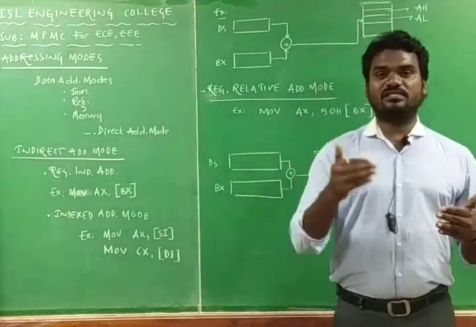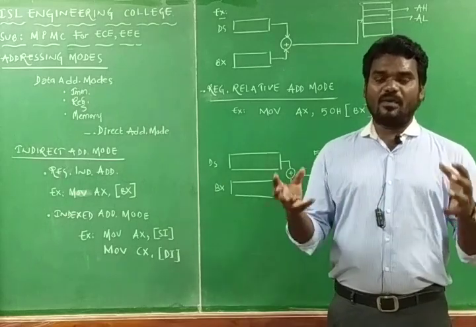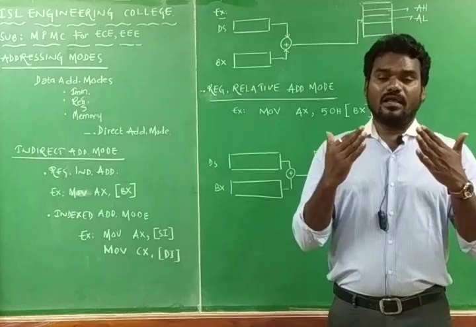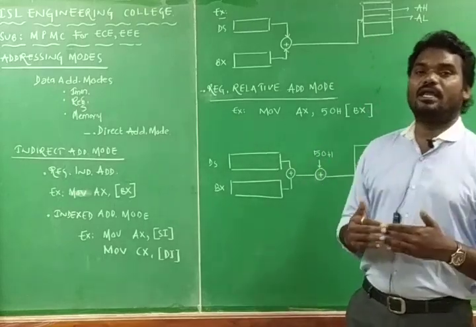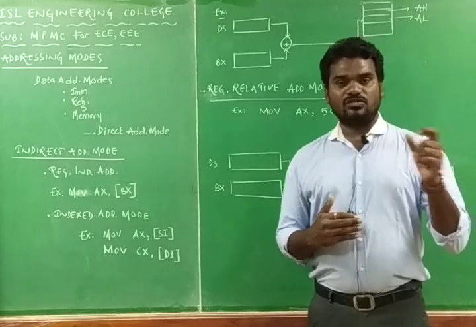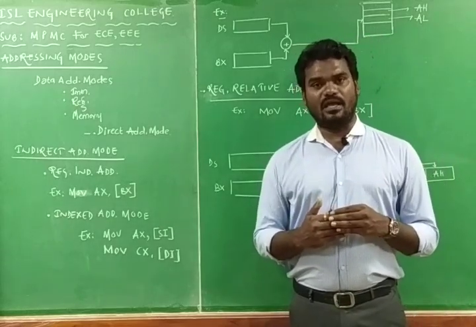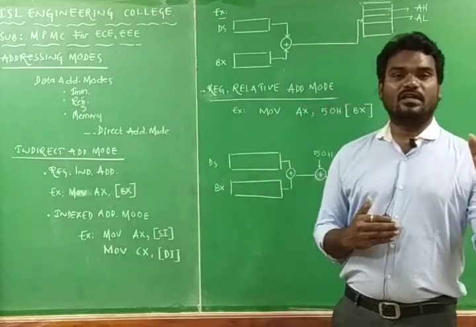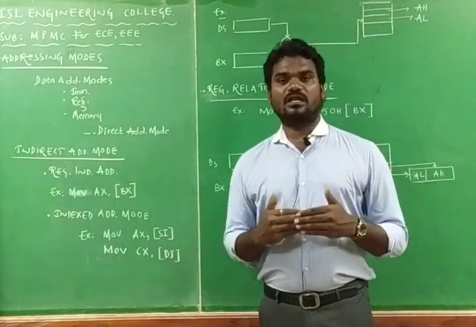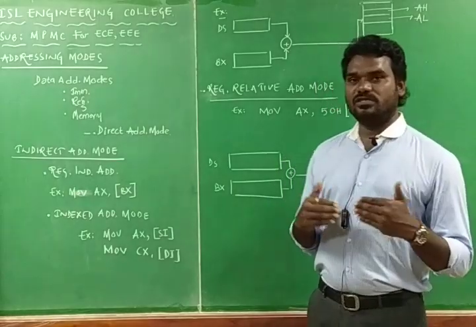If it is inside the processor, the operands will be located in the registers. If it is outside the processor, the operand can be located in the 1 megabyte of memory, and each location in it can be identified by a 20-bit address. We have studied the calculation of the physical address by using a formula.